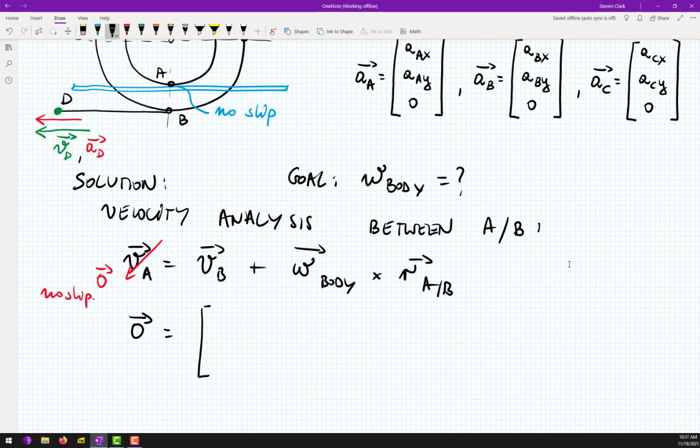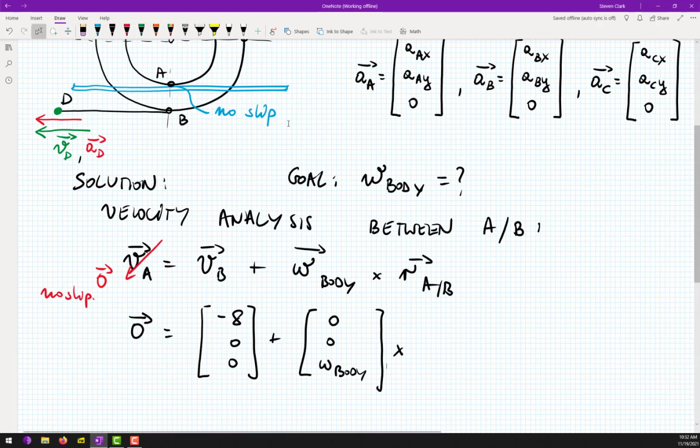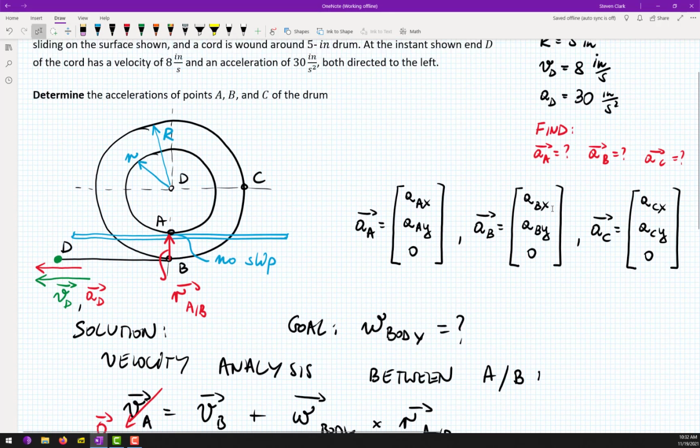Velocity of B will be minus 8, 0, 0, plus 0, 0, omega body, let's assume positive direction, times this vector. And that vector will be 0, 0, and something at the y component.